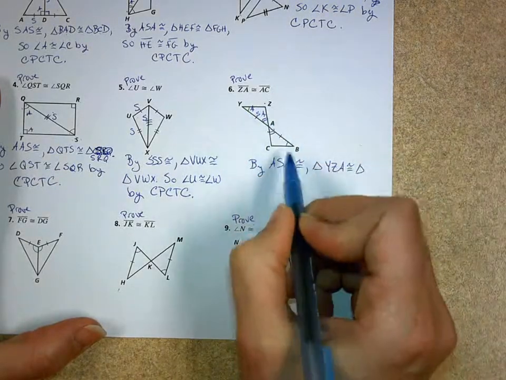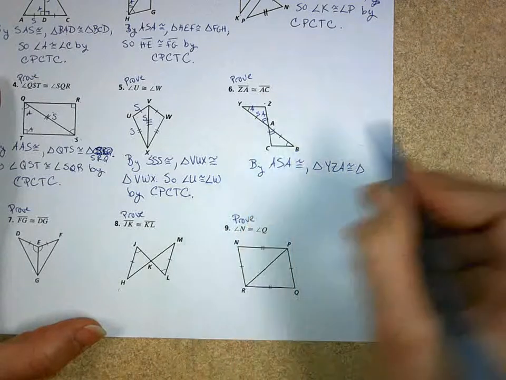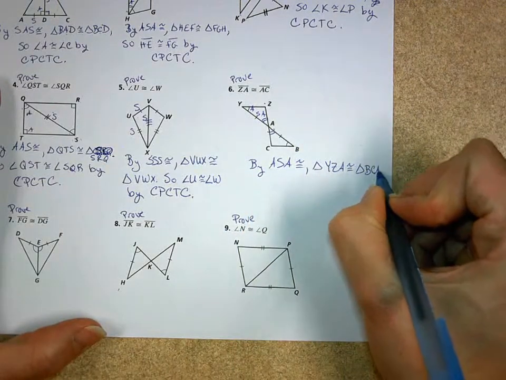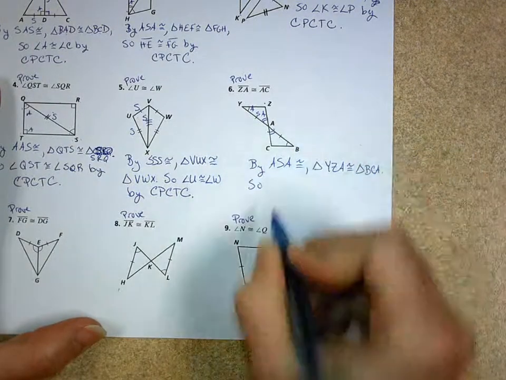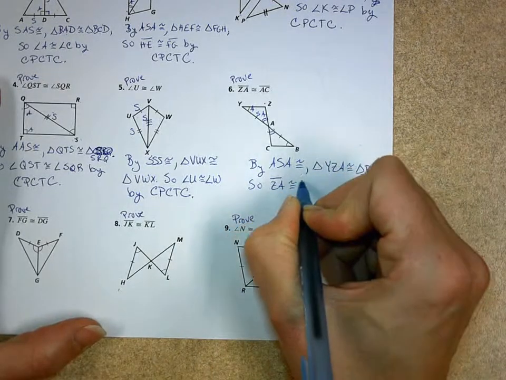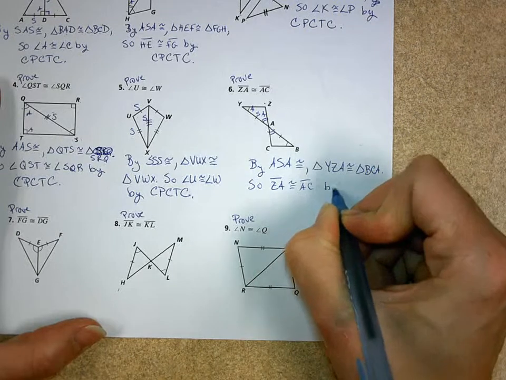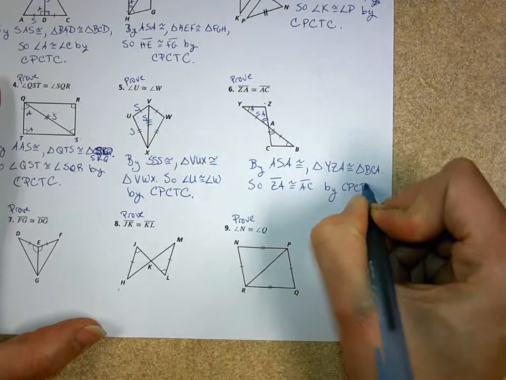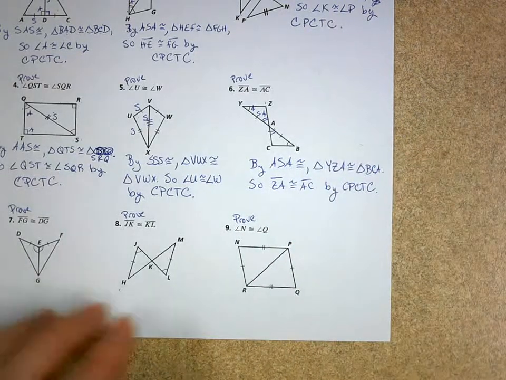If I go YZA, we're going to have to go BCA. So we know segment ZA is congruent to segment AC by corresponding parts of congruent triangles are congruent.